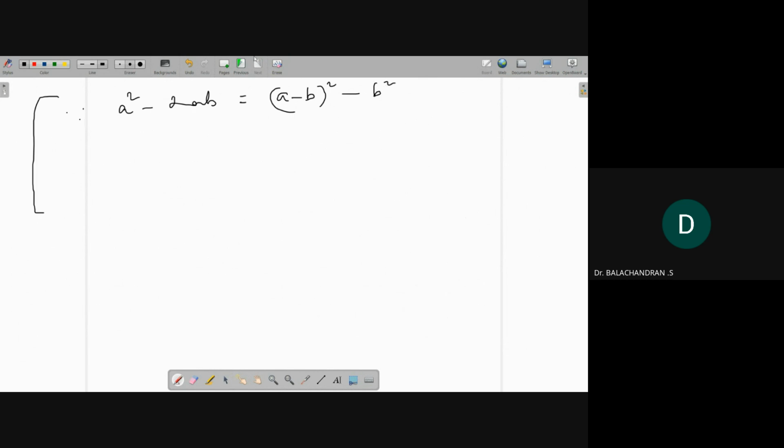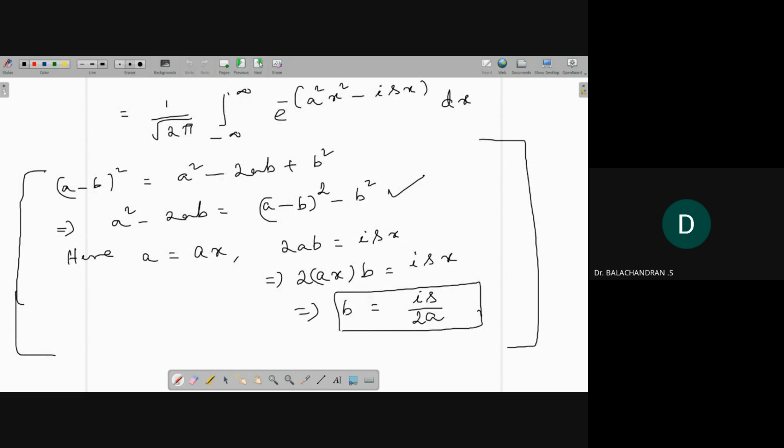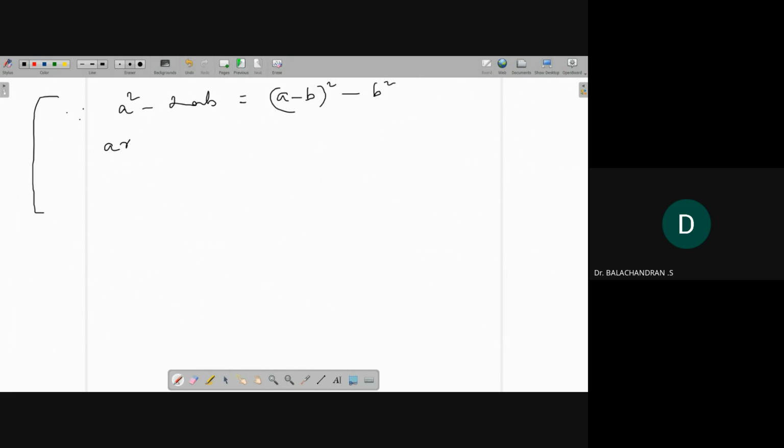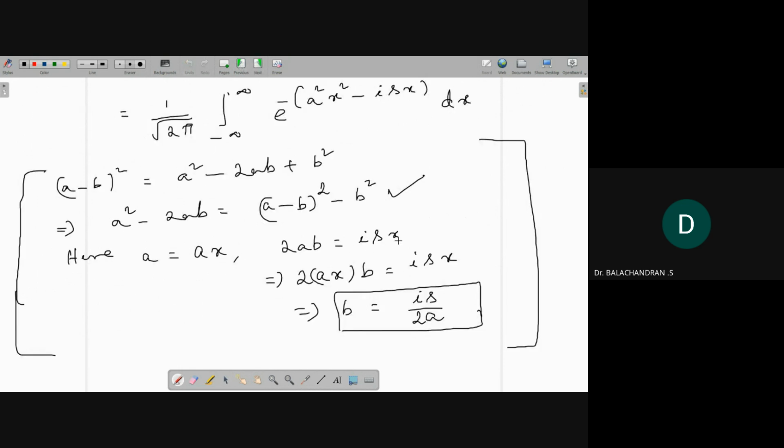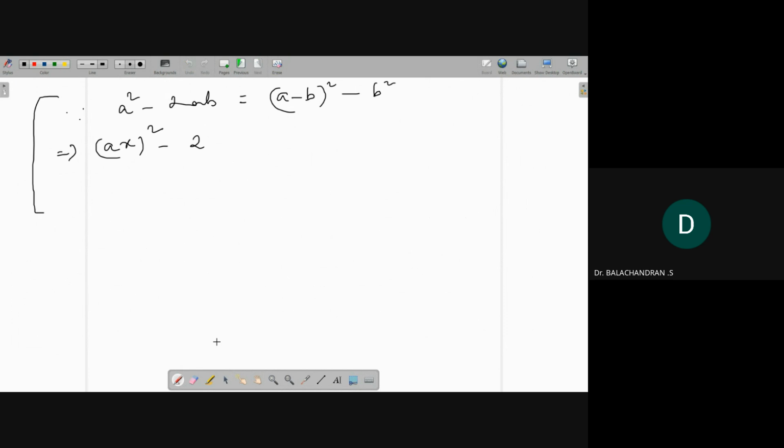We have a equal to ax, so (ax) whole square minus 2ab, and 2ab is isx, which is equal to a minus b.